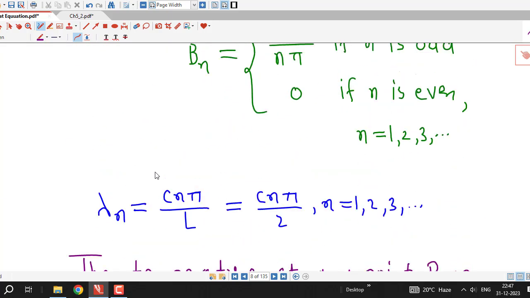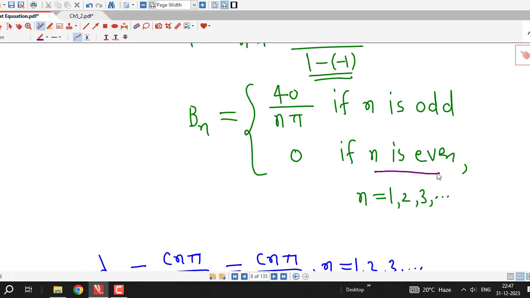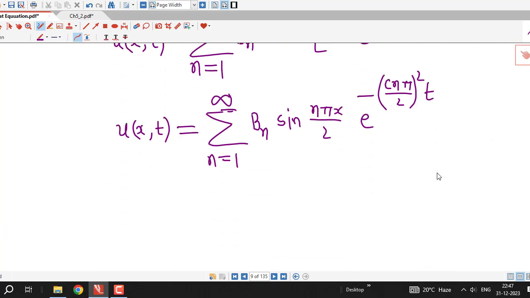Now Bn is 0 if n is even, so I can write down a few terms. Suppose I write for B1, B3 and B5.